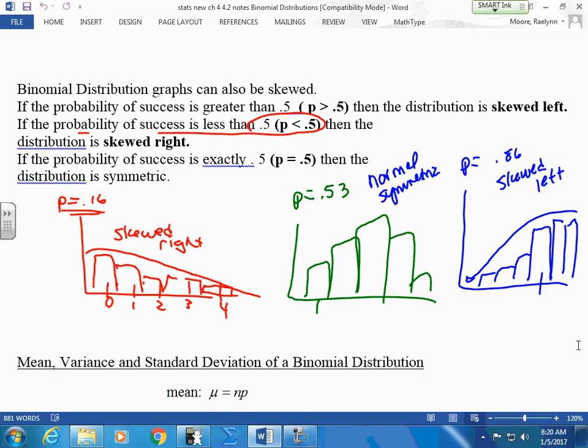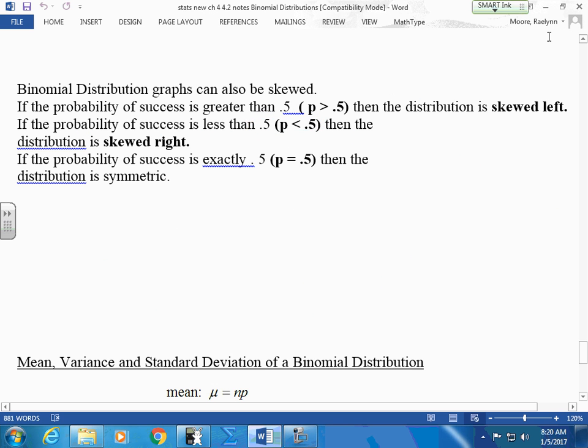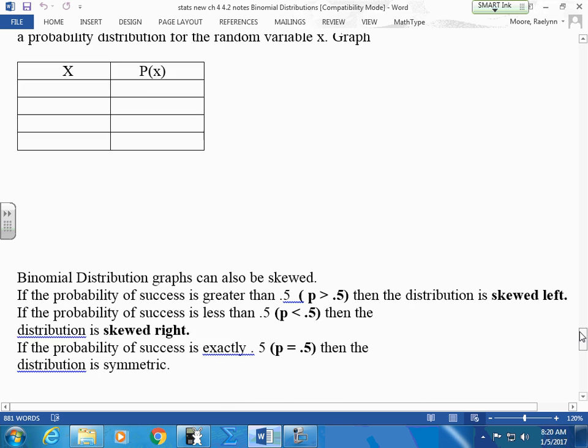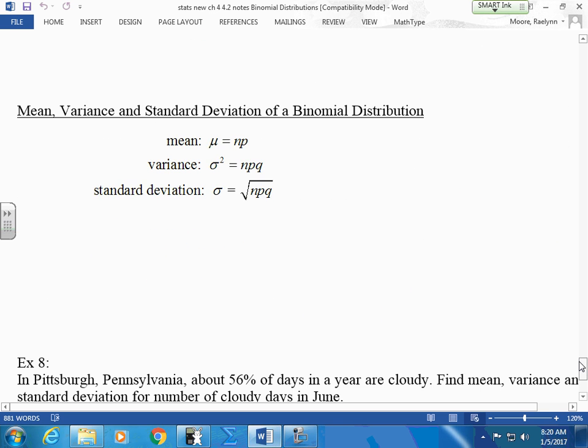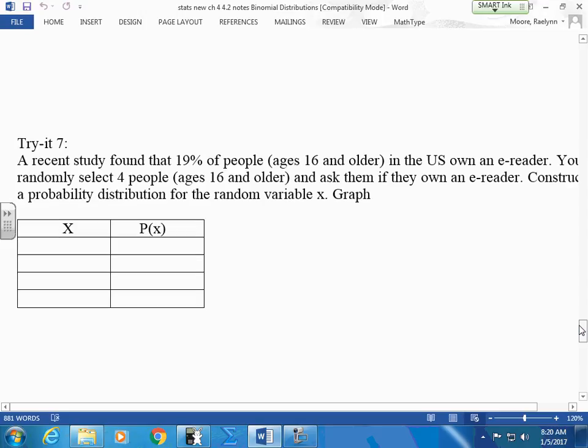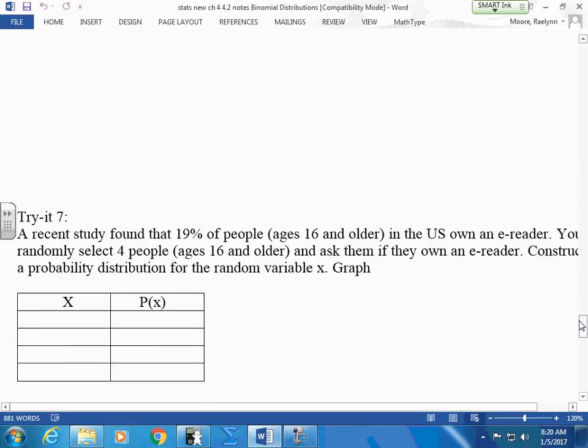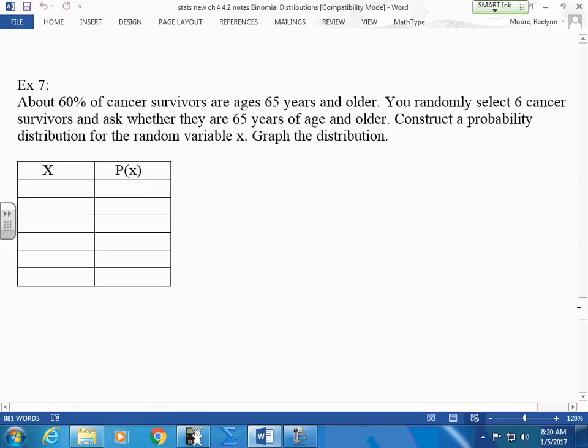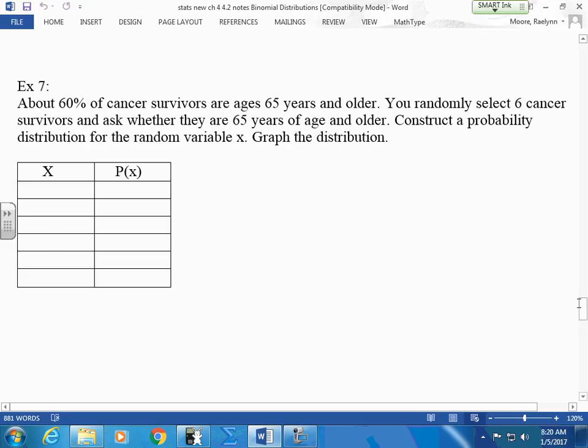Okay, good. Now, the last thing too is finding the mean and the standard deviations. You can find the mean and the standard deviation off of any of these. So let's do one more. We're gonna do example 7. Hang on.